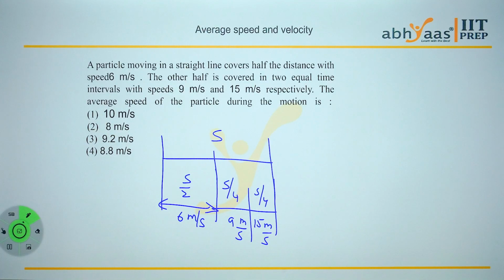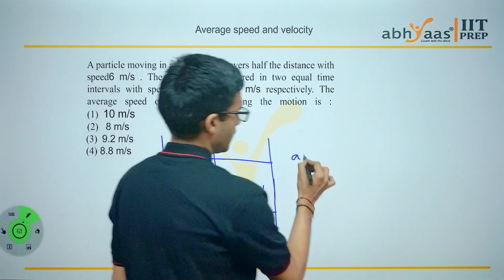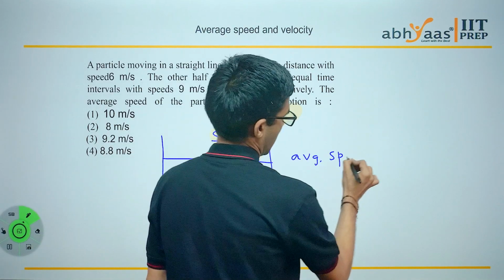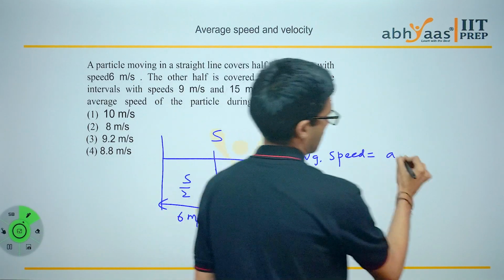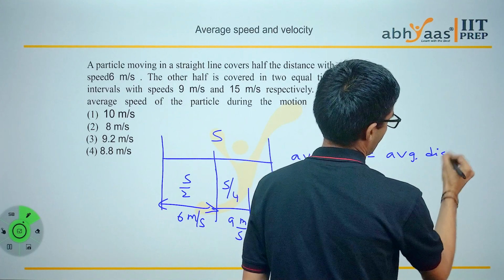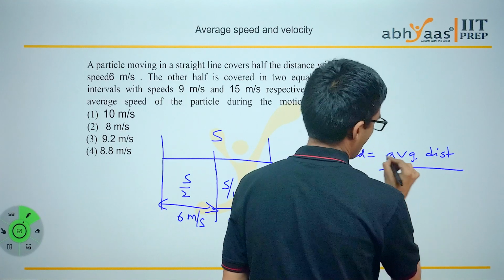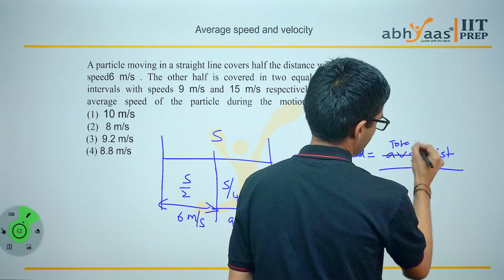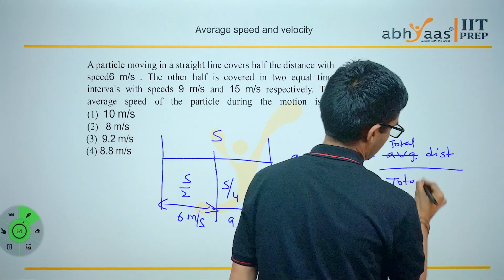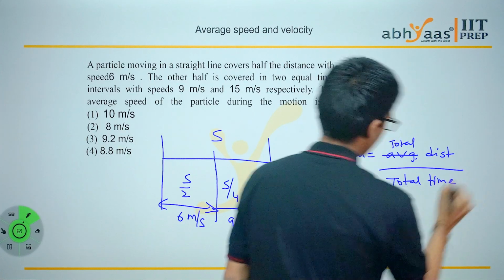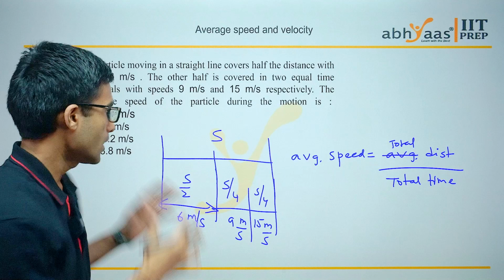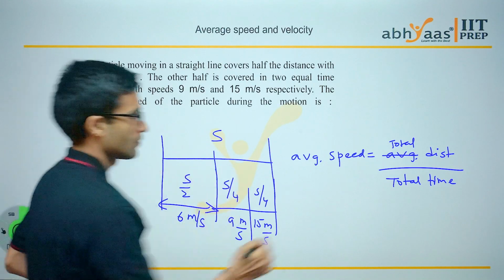Here what is being asked? Average speed. Average speed is equal to total distance by total time. Right? So speed is equal to distance by time. But here there are 3 intervals of time.